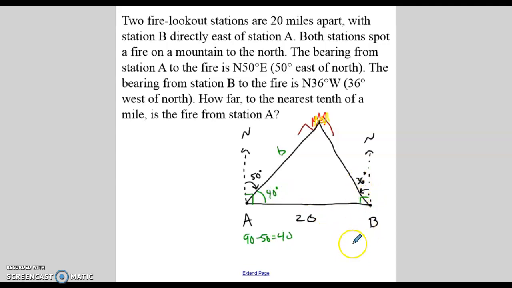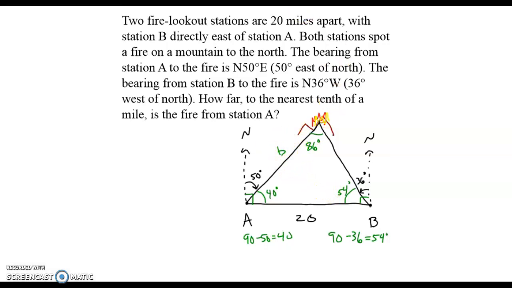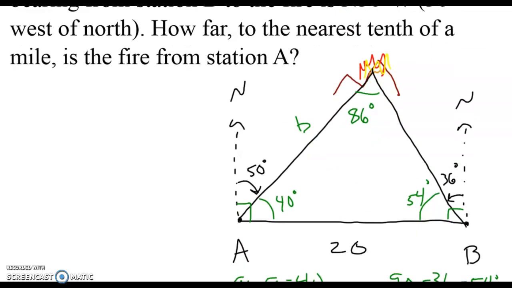This is a right angle, so I can do 90 minus 36 to get that this angle is 54 degrees. I then can subtract both of those from 180 to get that this angle is 86 degrees. Now I know all three angles and one of the side lengths, which means I can use the law of sines to find that missing side length there.